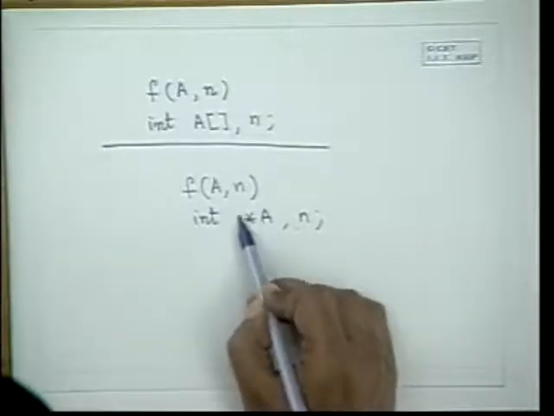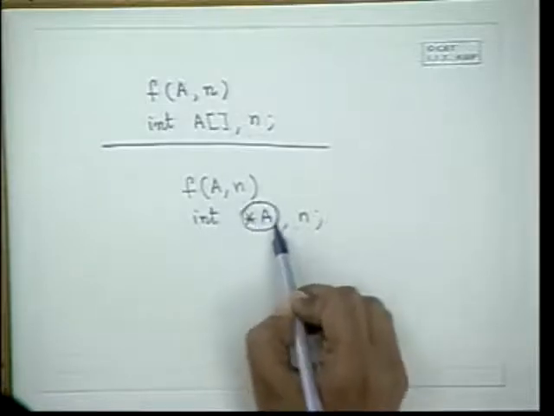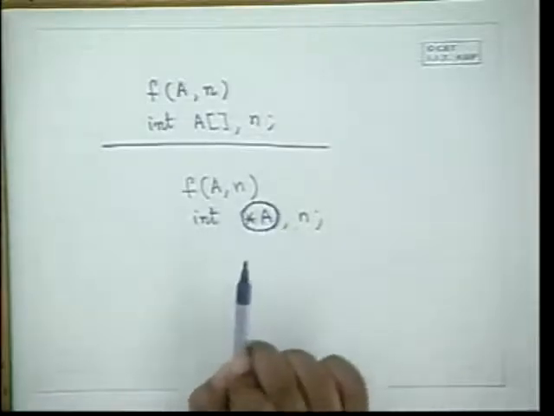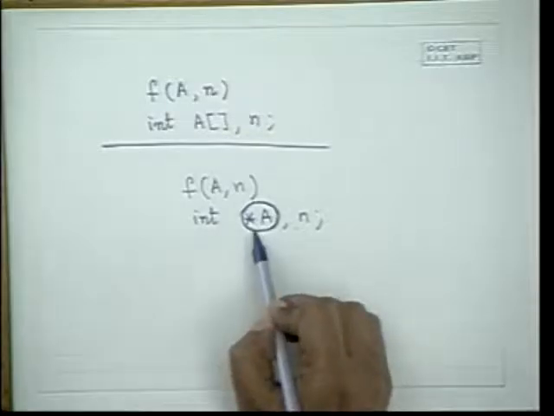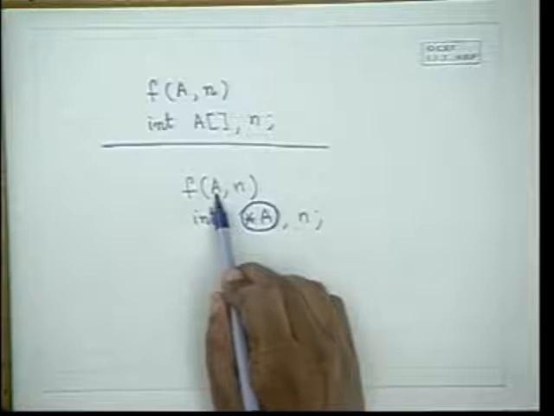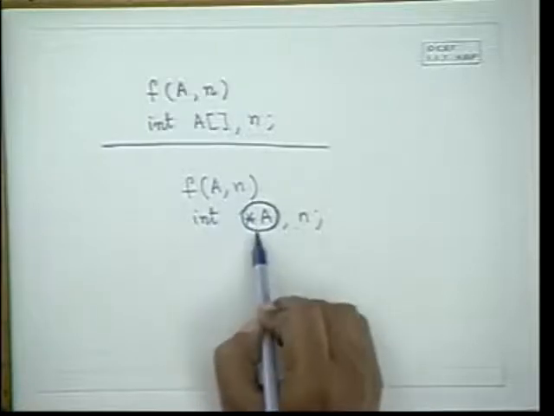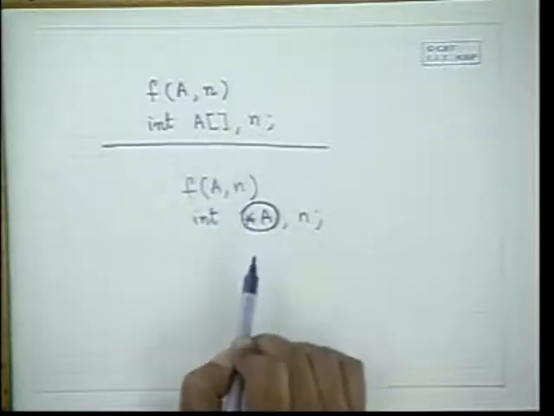But in such a situation, only one pointer element will be allocated as a variable, and you can move this pointer along this array because you have just passed the array name, but you have not allocated the array values. This will come through parameter passing.